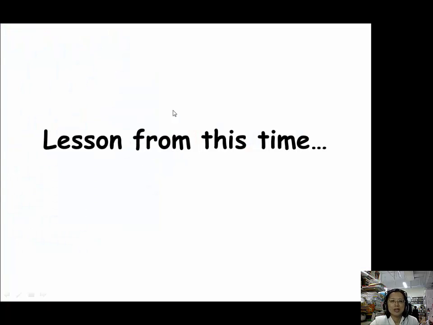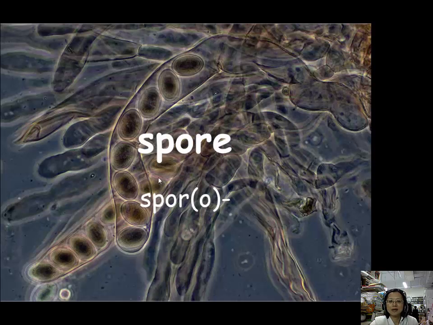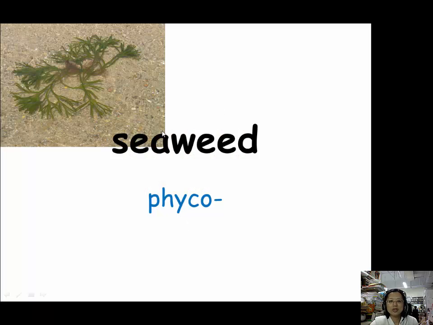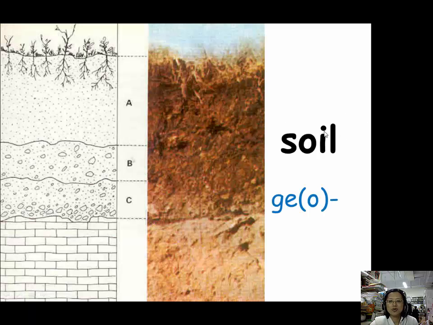Now we finish lesson 19. Let's review what we learned this time. For spore, we use this prefix, sporo, S-P-O-R-O. For seaweed, we could use phyco, P-H-Y-C-O. And for soil, we use this prefix, geo, G-E-O.